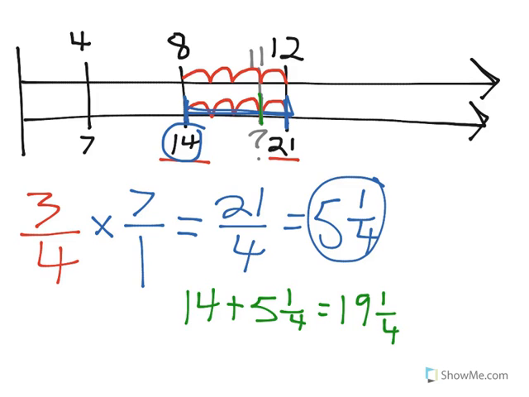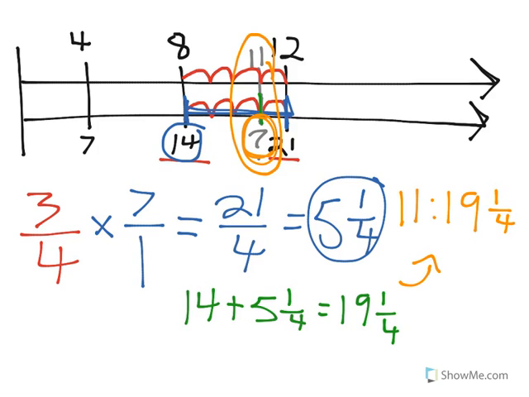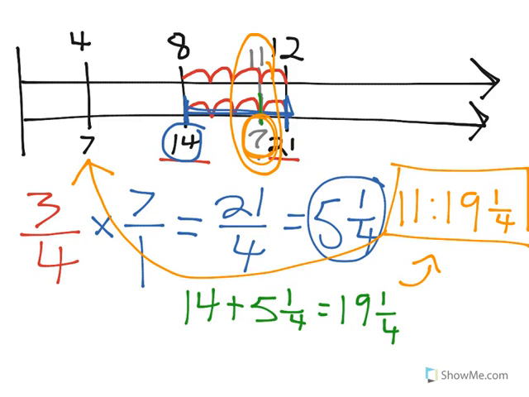And we're close to the answer, but remember we're trying to find the ratio. So we found this number right here, but we need to write it in relation to our ratio. So the final answer would be 11 to 19 and 1/4. You just have to end up writing it like that. And basically what we're getting at is this is an equivalent ratio to this ratio and all the other ones.